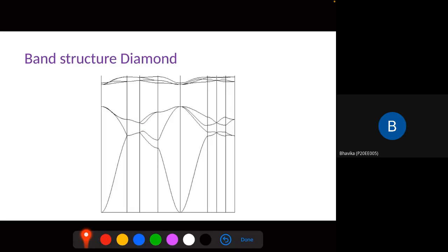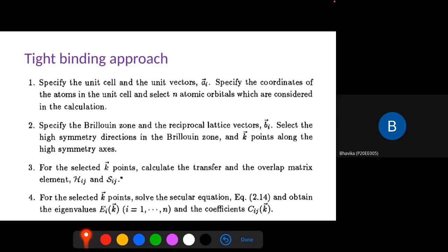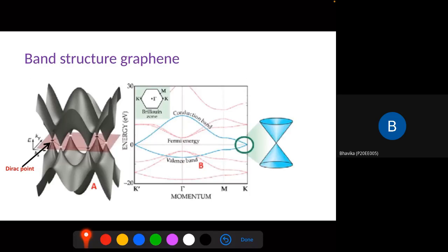I will share this and you can go through it. But the graphene band structure is unique because you have points known as Dirac points where your conduction band edge and valence band edge match exactly, so they are degenerate.